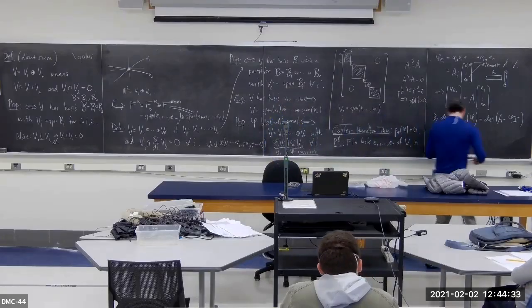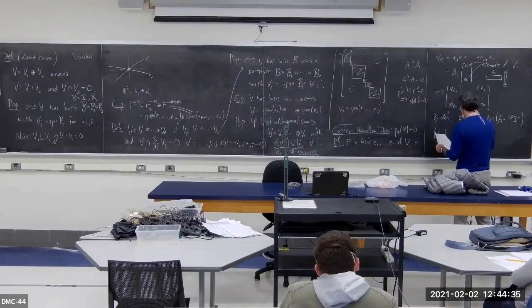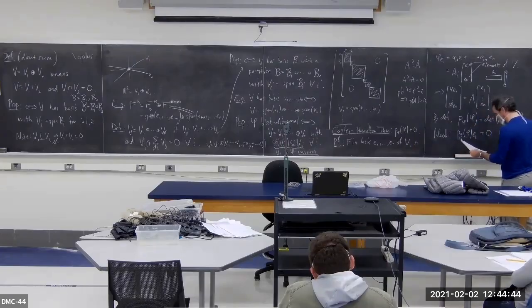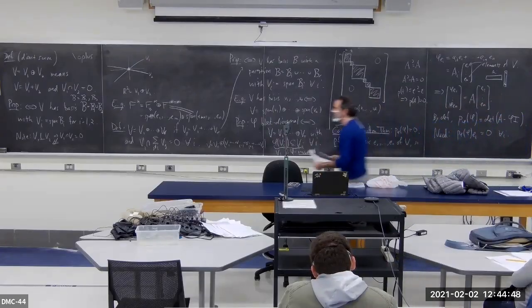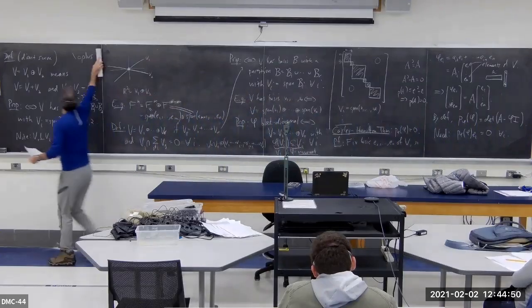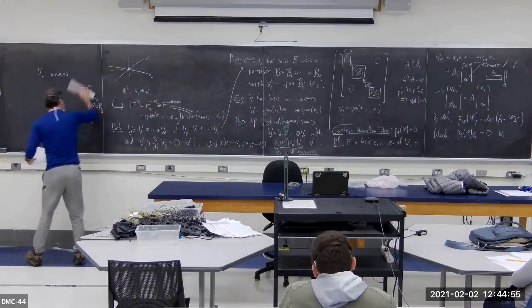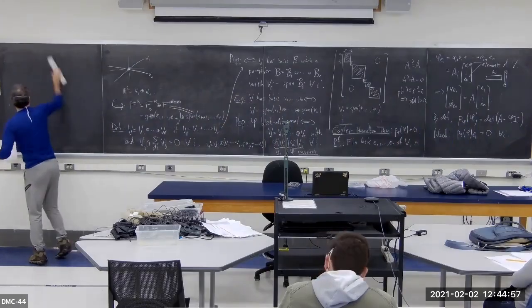What I need is that P of phi, when I apply it to e_i, I get 0 for all i. That's how you tell the linear transformation is 0. You get 0 if and only if, when you apply it to a basis, you get 0 on every basis vector.